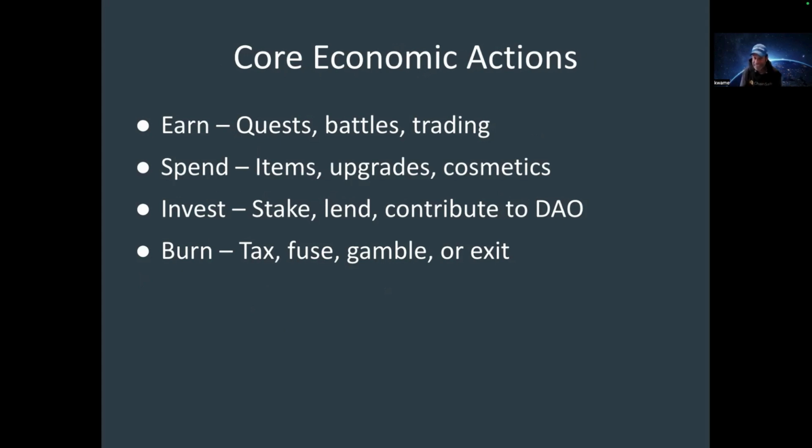They may even lend it out, contribute it to a decentralized autonomous organization, or just for governance and things like that. And then we have the burning mechanism where there may be some payment tax. There might be just you buy an in-game item and then you burn that token, some gamble, some exit, all these different things. So these are the core economic actions that you're going to have in Web3 games.